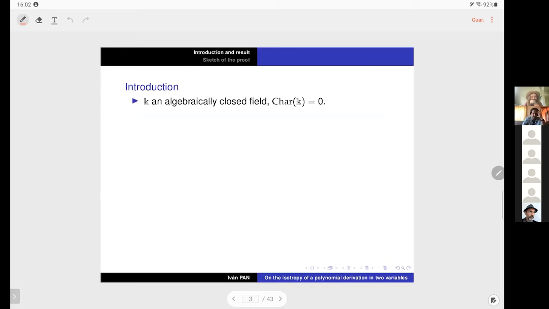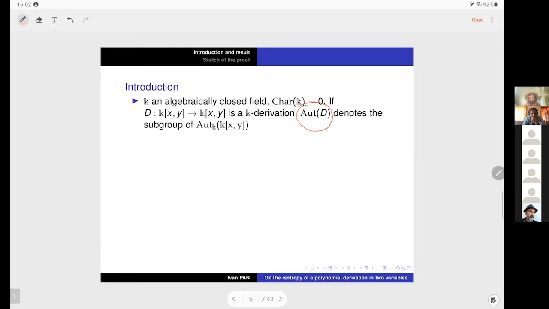Let K be an algebraically closed field of characteristic 0, and D a K-derivation, that is, a linear map which satisfies the Leibniz rule. And denote by the isotropy the subgroup of the automorphism group of the polynomial ring, consisting of elements which commute with the derivation.